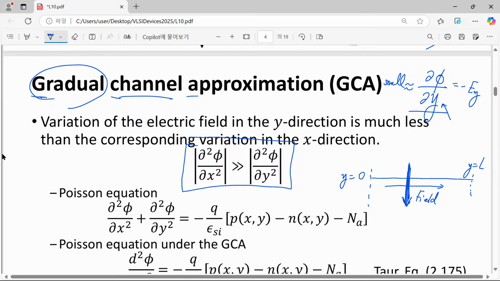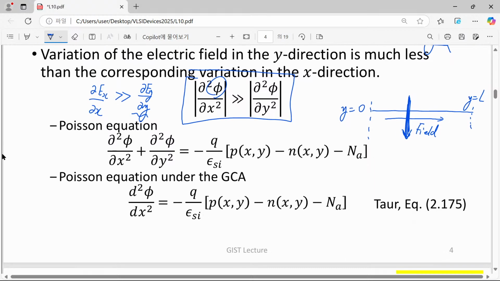Here we are talking about the second derivative of electrostatic potential along the x direction and y direction. It means Ex and its x-directional change, and Ey and its y-directional change, and this shows that the x-directional change, the vertical change, is much higher than the lateral change.